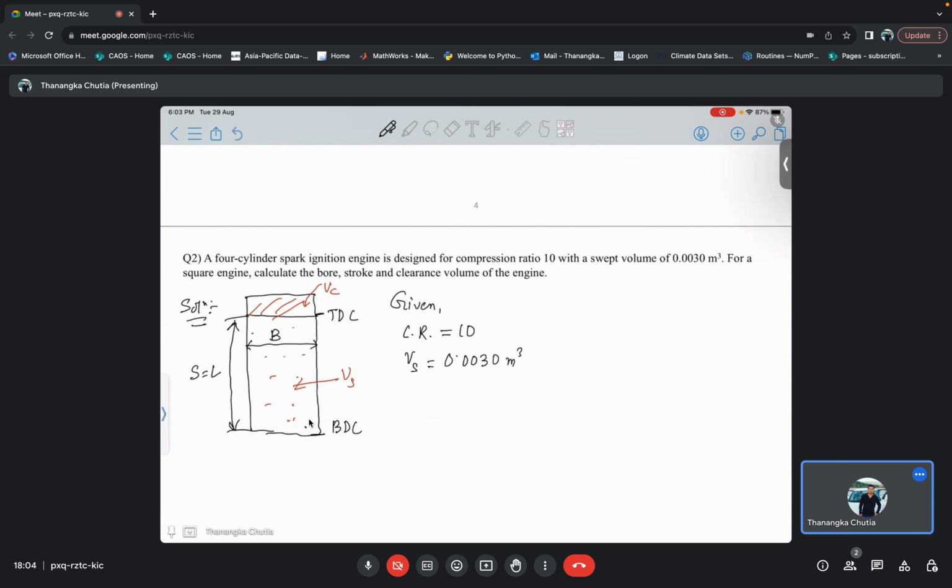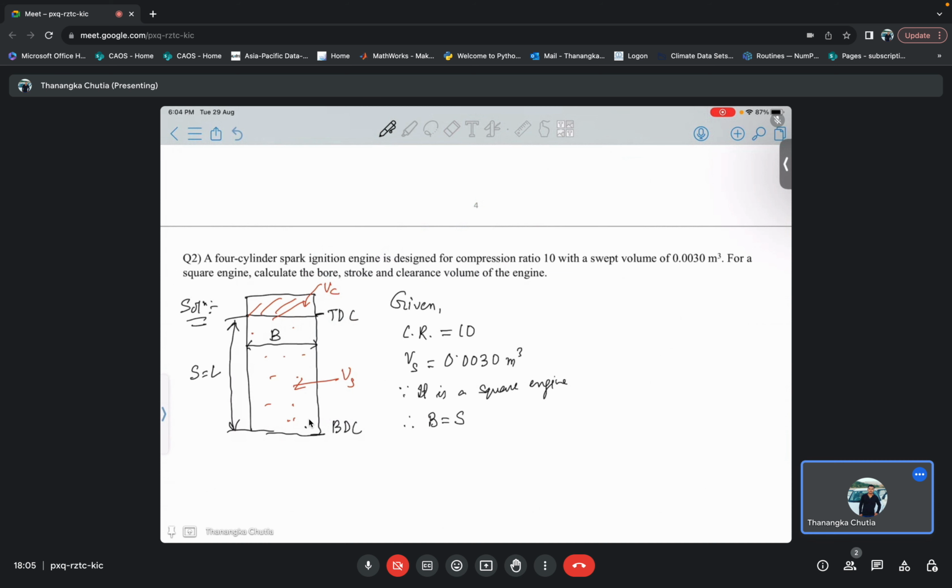Now since it is a square engine, and there are different types of engine depending on the relationship between bore and the stroke length, bore diameter and the stroke, if these two are equal, since it is a square engine, therefore bore is equal to stroke. Sometimes stroke can also be written as L. In some of the questions you will also find it as L, so just don't confuse it.